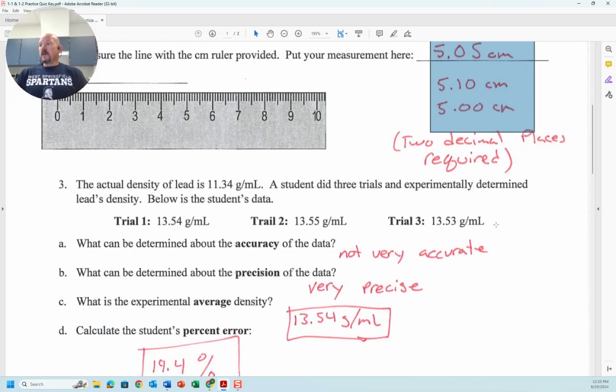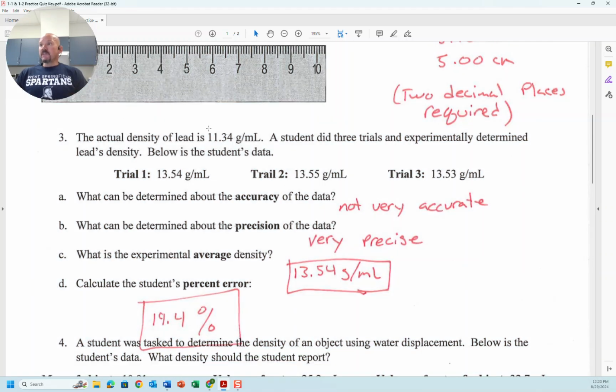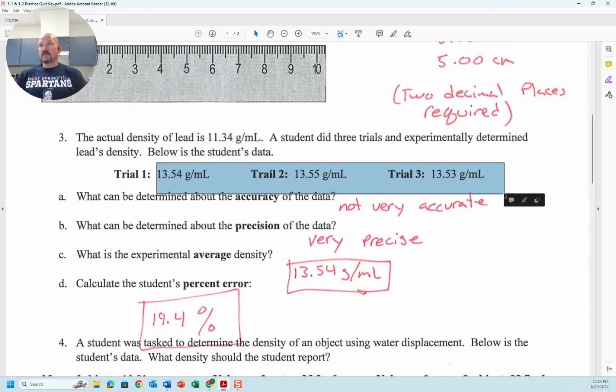Okay. So here again, they give us the actual density. So that's what the density should be, and then these were our 3 densities that we measured for the object. And so in terms of accurate, we're not very accurate, right? The density is 11 grams per milliliter, and we got like 13.5 grams per milliliter.